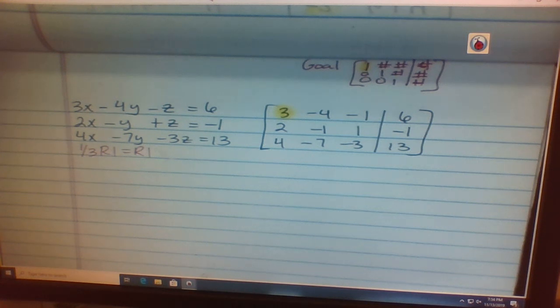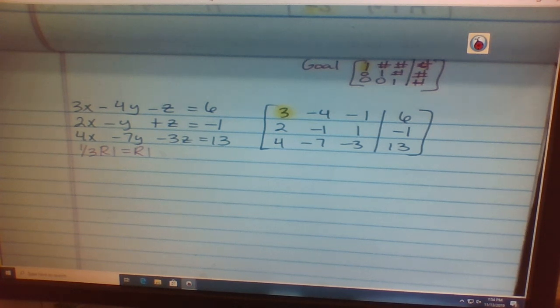Now you might have fractions. You just work with them for a little bit. Pray that they leave, but sometimes they don't. The recommendation is to always stick to fractions, because in this one you're going to have 1.3333, and you don't want to put that.